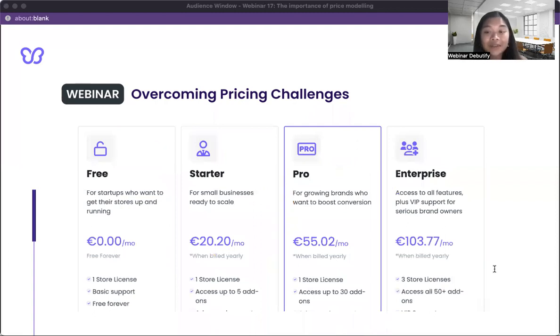Another way is to provide differentiated offerings and prices. For instance, take a look at the pricing of Debutify. You could offer a standard version of a product, a premium version, and a basic version, even a free version. We call it a freemium. The prices of each version can differ based on the value that they provide.